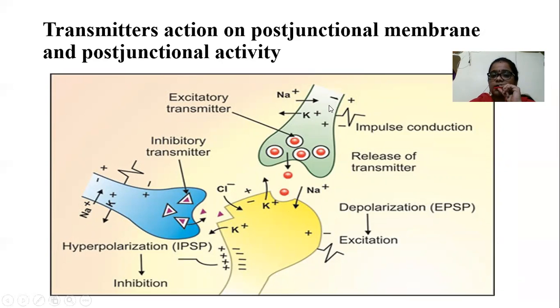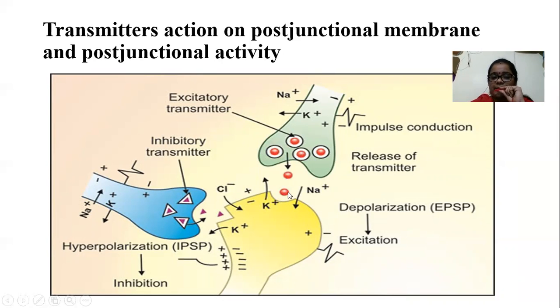After arrival of that action potential at the synaptic nerve terminal, the second step is the release of transmitter. Then third step, the neurotransmitter binds with the receptor, which is present on the postsynaptic neuron.